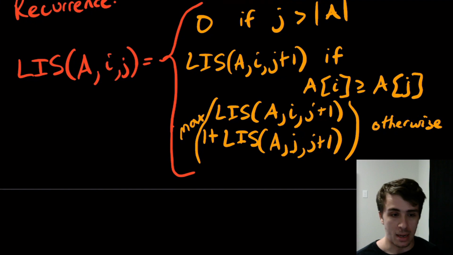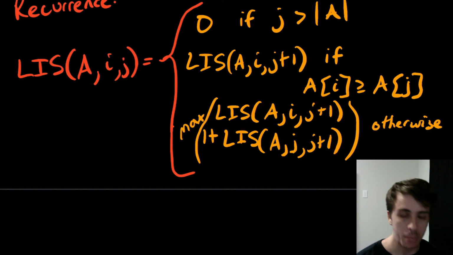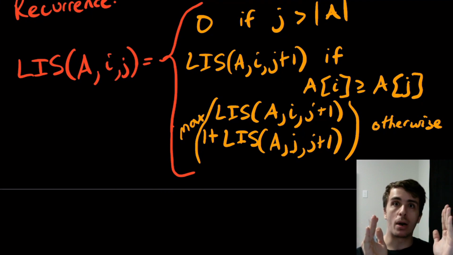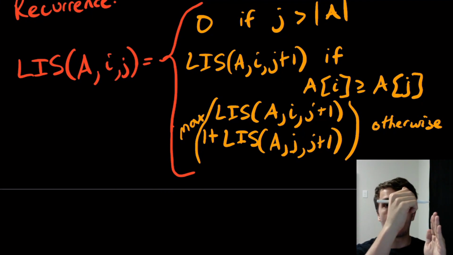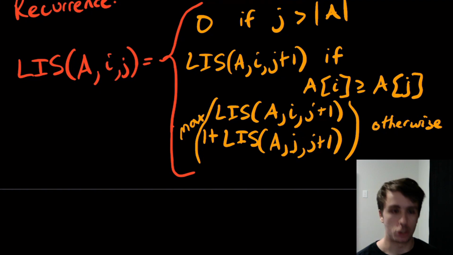So we're always trying to make the best possible choice, and this works because if we include one more element, it either goes up by 1 or stays exactly the same. So it can't vary wildly too much.